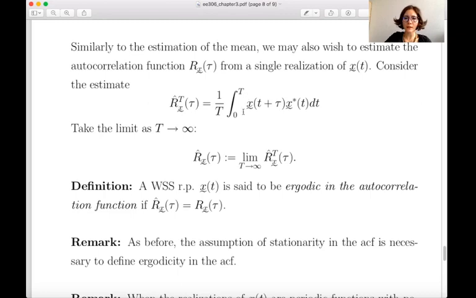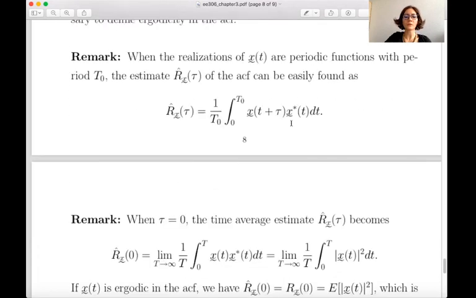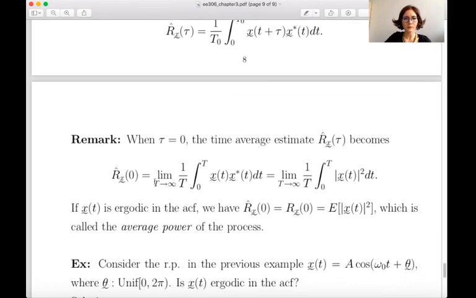So you'd get x of t from here and x conjugate of t from here. Looking at the limit case, x of t and x conjugate t are multiplied and integrated. But since we're looking at the same t value, this product is nothing but the magnitude square of the random process at t. So this thing has a physical meaning.